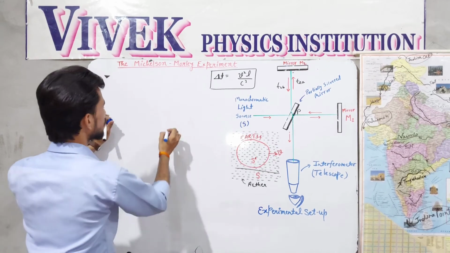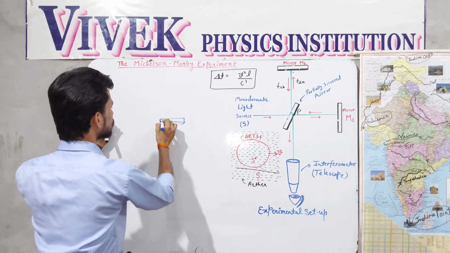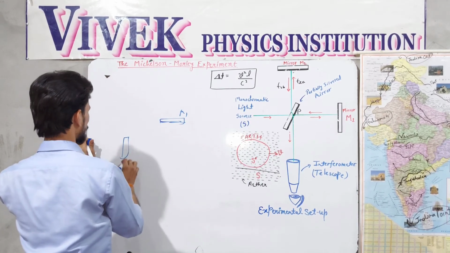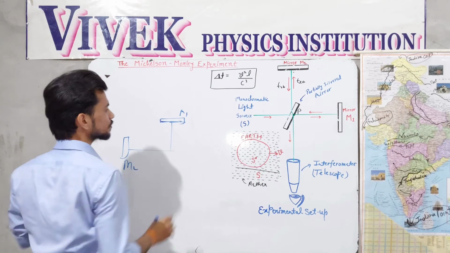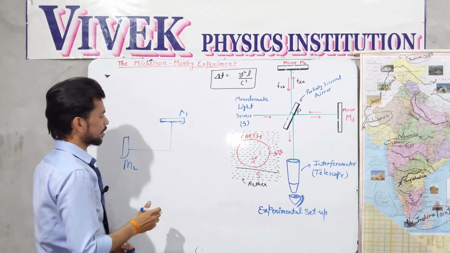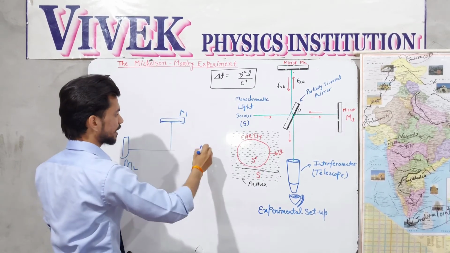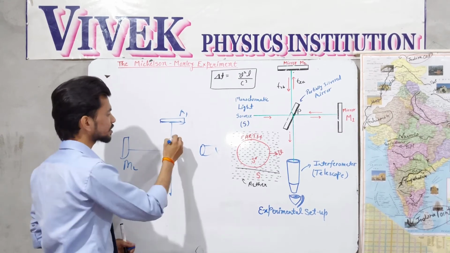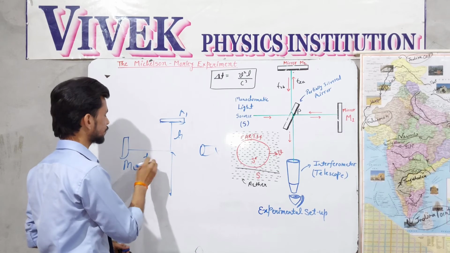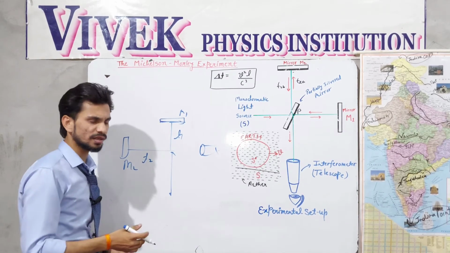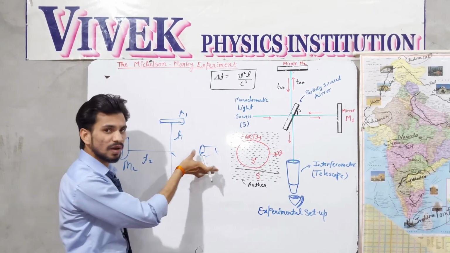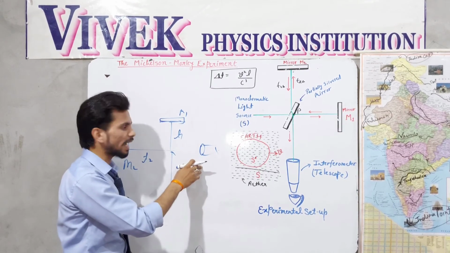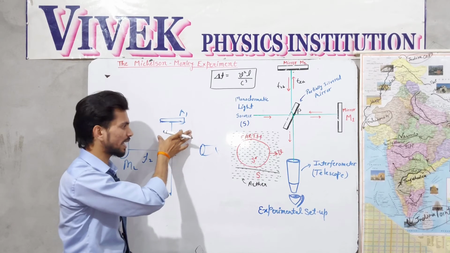Let me write it here. Now I have shown this mirror M1 here and this M2 here. Okay, and the interferometer will be at this point, and the light source will be here. Now this time will be T1, this time will be T2. Now you can see that what was T1 here becomes T2 along the x-axis, and what was T2 now becomes T1.